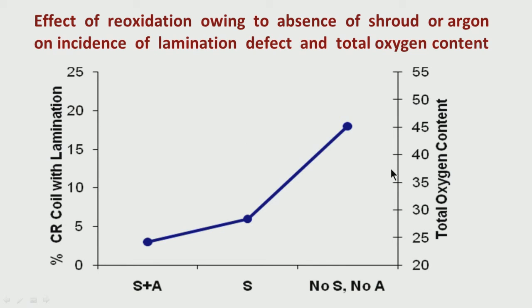If you have a high amount of alumina inclusions, more and more lamination defects will be generated on the surface of the cold rolled coil. So, the percentage of such defects comes down when you control the total oxygen content in steel. So, from the cleanliness point of view, from the good quality point of view, we must use refractory shroud and argon to have a good quality of the product.